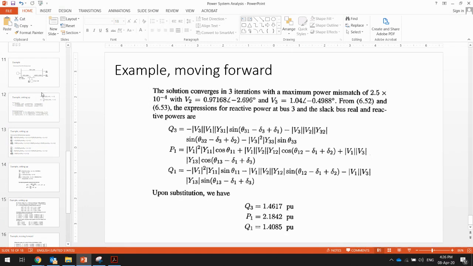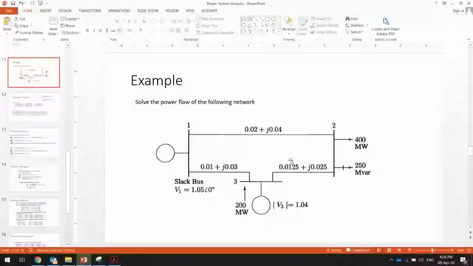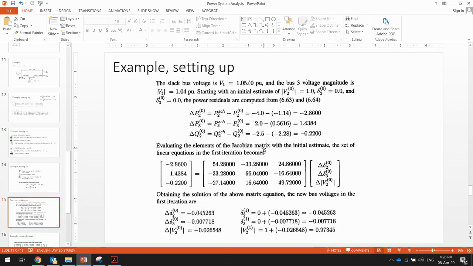As you can see, even for a simple 3-bus network, the process is rather long. I would say there are many opportunities for mistakes in the calculation. So in order to avoid calculation mistakes, you have to be very familiar with your partial differentiation.